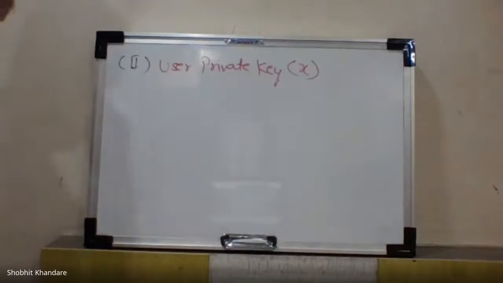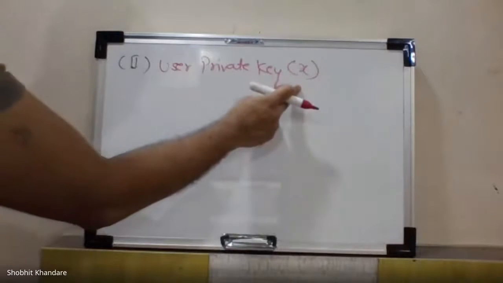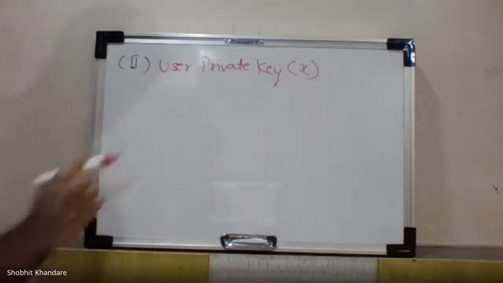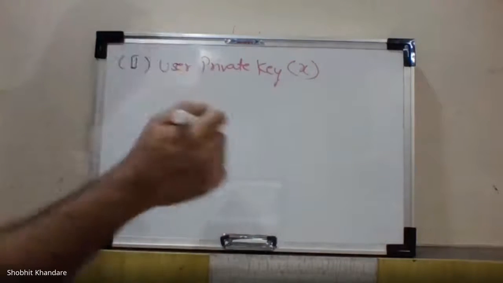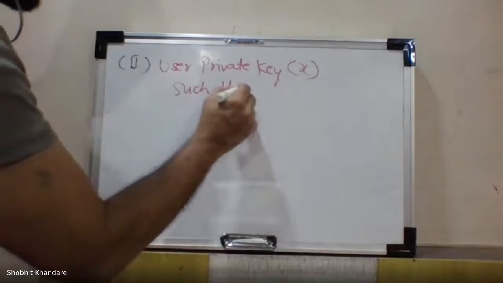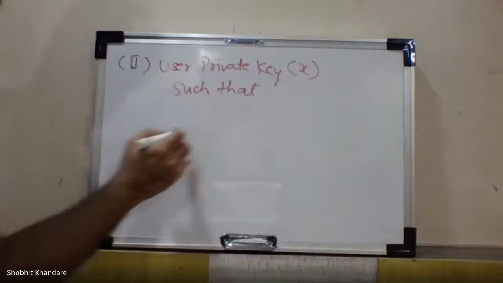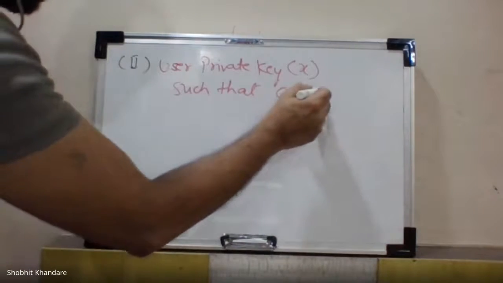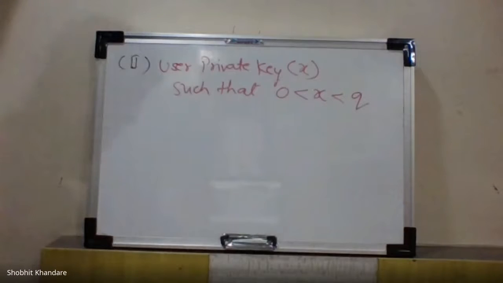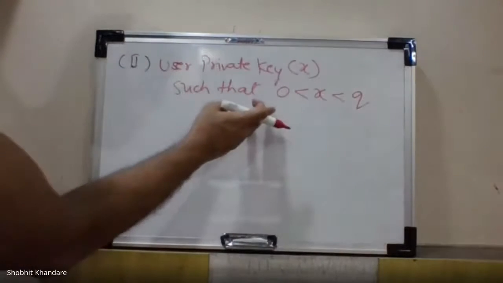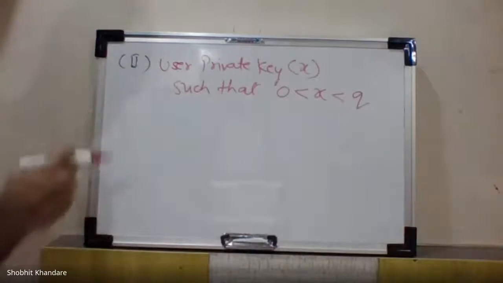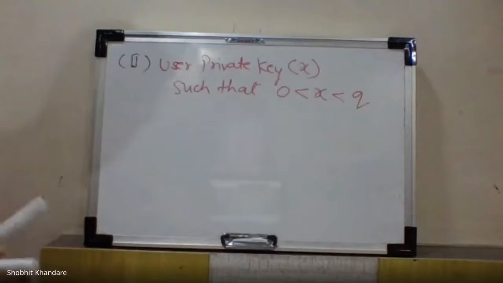The notation used here is small x. We usually write PRa, but here we are using the notation user private key given by x, such that x should lie between 0 and q. This is again any random integer, and this integer should lie between 0 and q.